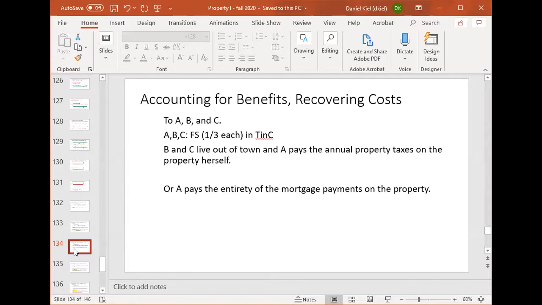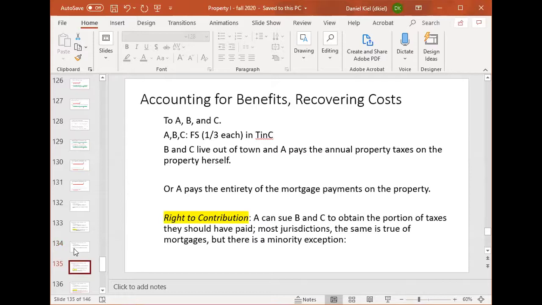So rather than an accounting action, what we have during co-tenancy is what we'll call an overpaying co-tenant who can sue for a right to contribution for the portion of costs like taxes and mortgage payments that they are overpaying, right? So in most jurisdictions, A can sue B and C to obtain the portion of the taxes that B and C should have paid.